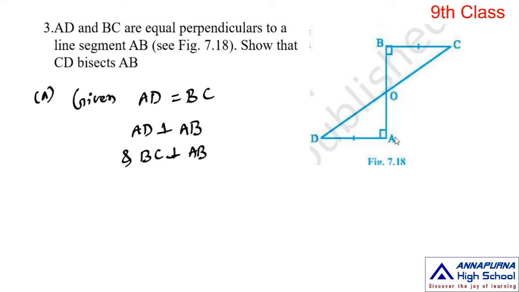AD is perpendicular to AB, so angle OAD is equal to 90 degrees. BC is perpendicular to AB, so angle OBC is equal to 90 degrees.